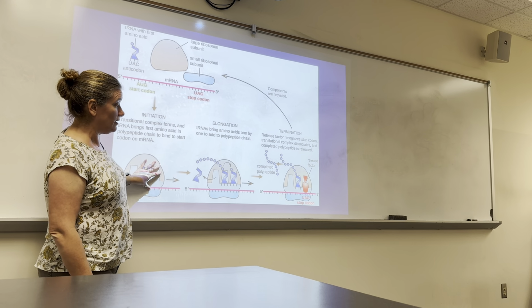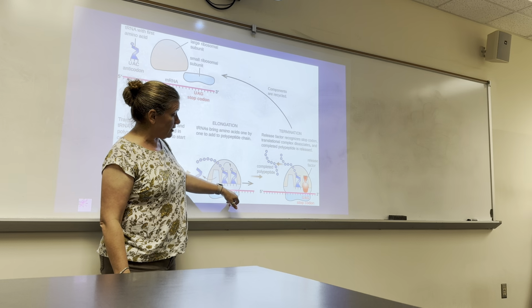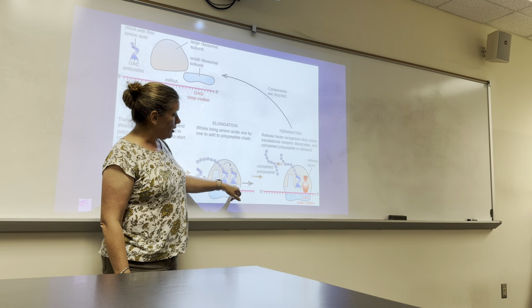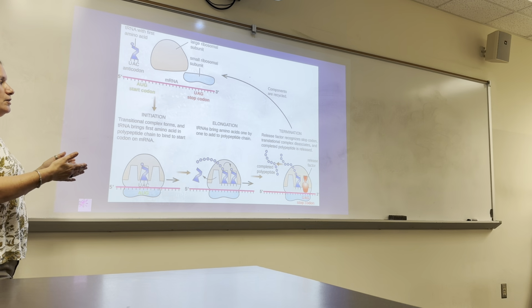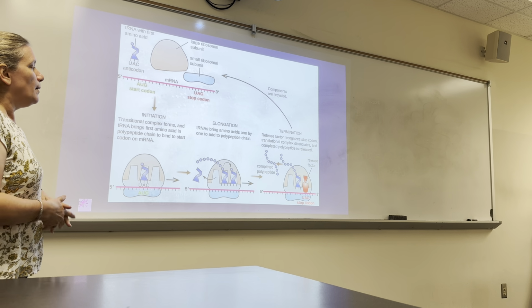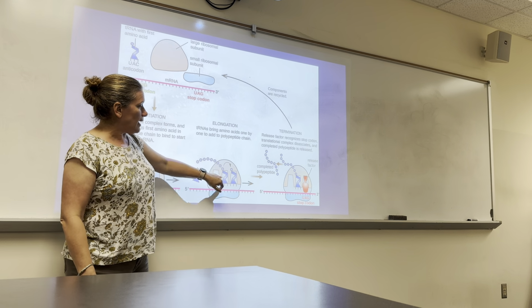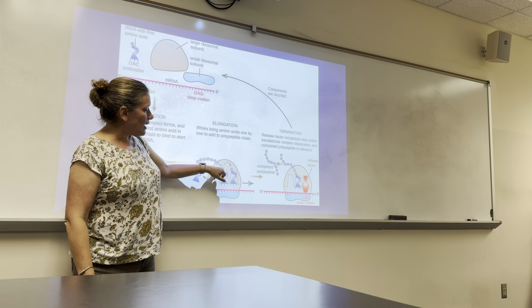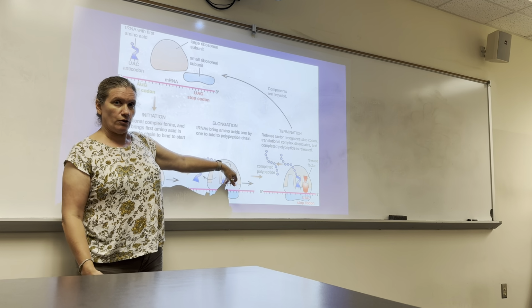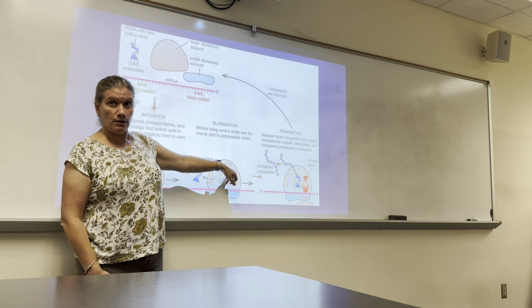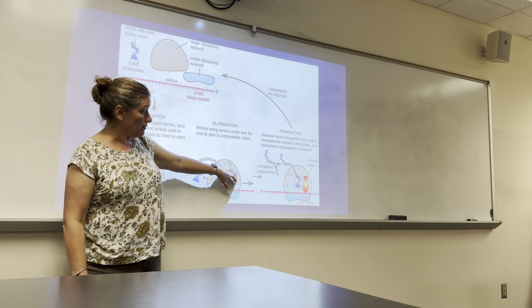We move into elongation. The next transfer RNA, who has an anticodon that can base pair, will base pair, bringing with it the next amino acid that's being requested. The ribosome will catalyze that peptide bond, and so that growing polypeptide gets transferred over to the transfer RNA that just came in.